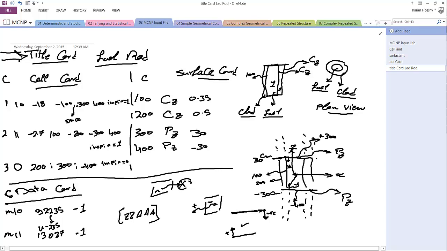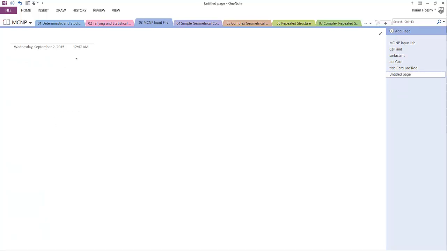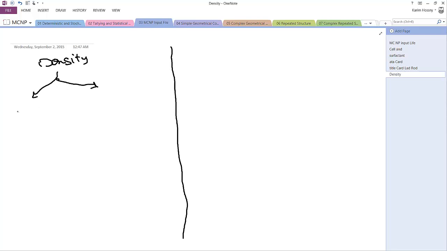Now let's talk about the density and weight fraction and atomic fraction. Density has two ways to express it: gram density or number density. If there is a negative before the density, then it's gram density, and the unit is gram per centimeter cube.